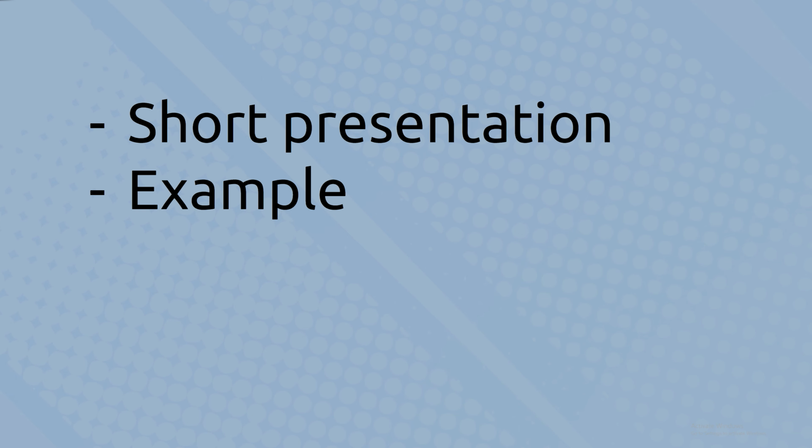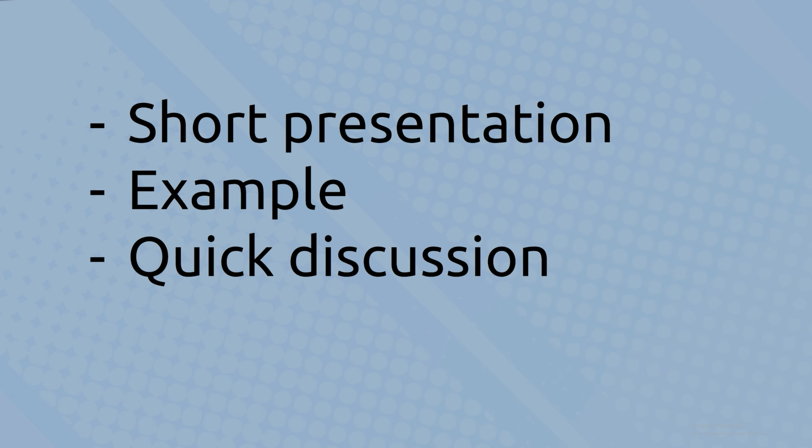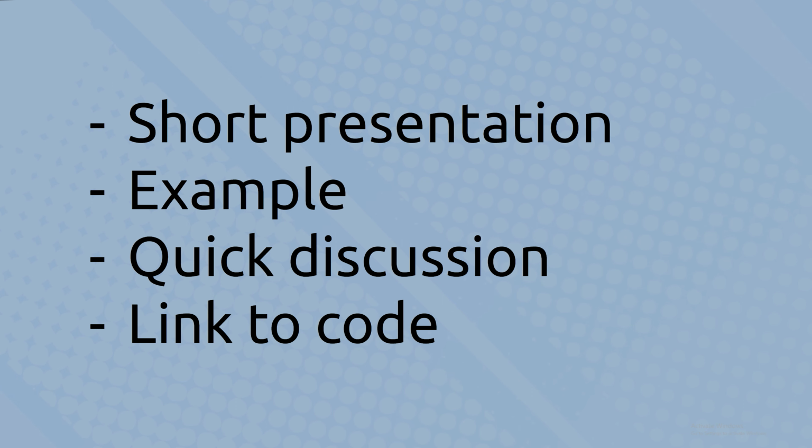So we will go through a much simpler example step by step together. Hopefully it will be easier for you to digest. Then I like to do some quick discussion about the pros and cons of that framework, so we'll do that in a third part. And then finally I will just display the link to the code from the example, so you will have the code if you want to explore it yourself.